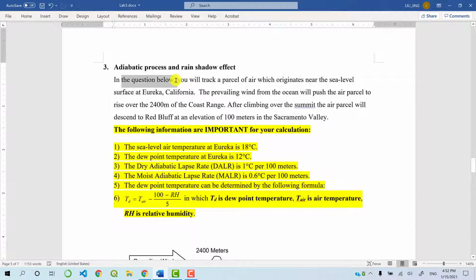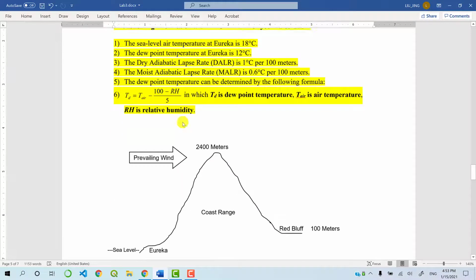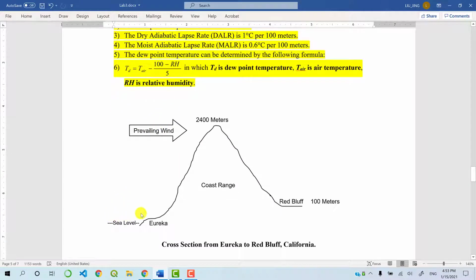You will track the air parcel, which originates near sea level at Eureka, California, a town by the ocean in Northern California. The wind from the ocean will blow this air up to climb our coastal ranges, 2,400 meters at the crest, at the top.